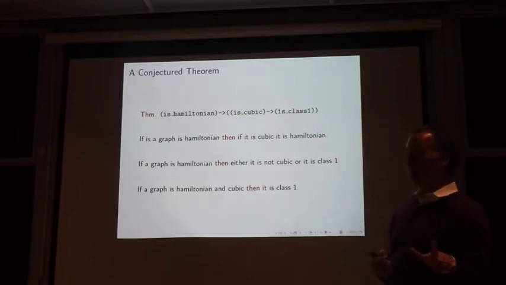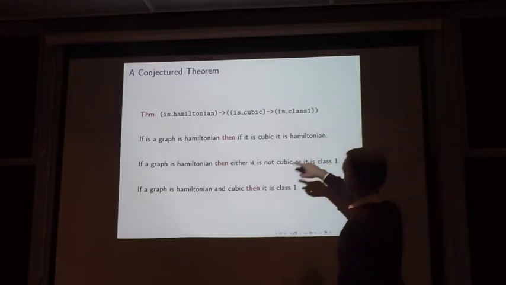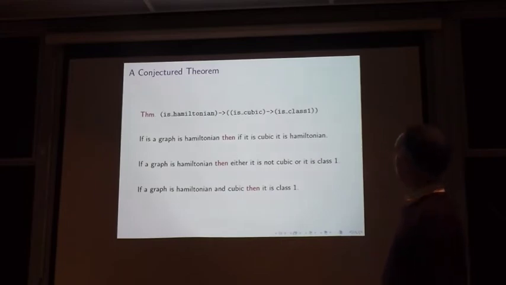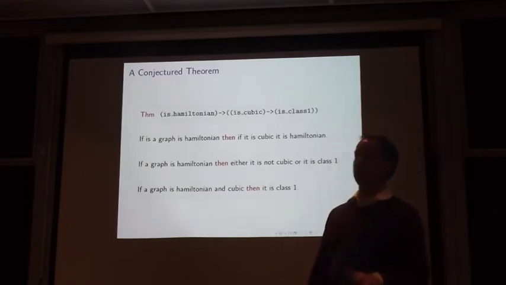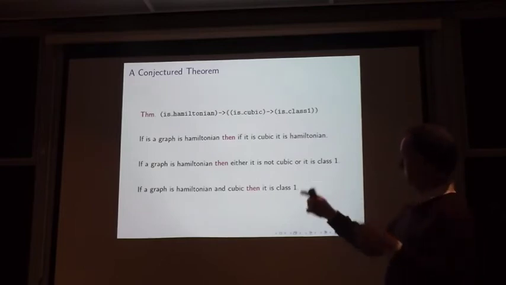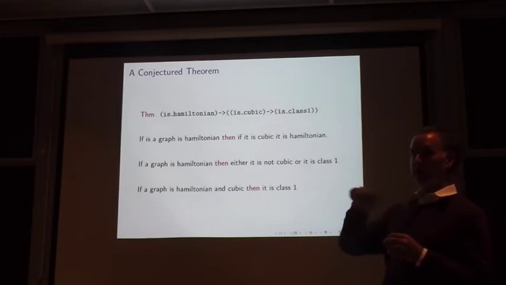And the class 1 graphs are the graphs that you can color with the maximum degree. So the conjecture is equivalent to: if a graph is Hamiltonian and cubic, then it's class 1. And when you write it like this, it's an exercise for students. Just take your cycle, it's cubic, so the only other edges have to be a matching.